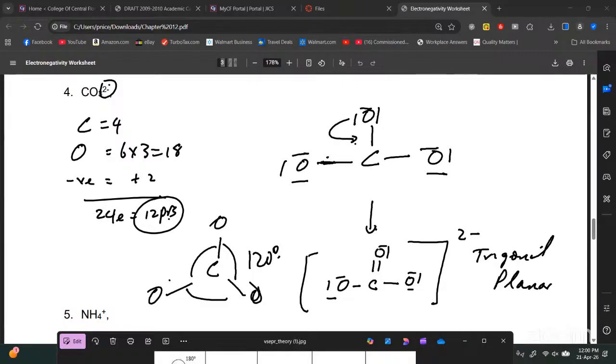So if it is symmetrical, that means that this polarity here will be acting in this direction, and so on and so forth. So it's a symmetrical distribution of the polar bonds, therefore they'll cancel out each other. So therefore the net polarity is equal to 0, and therefore the molecule will be non-polar. And that's it.